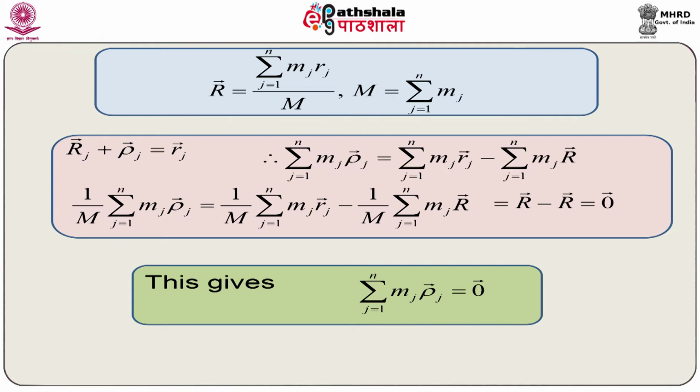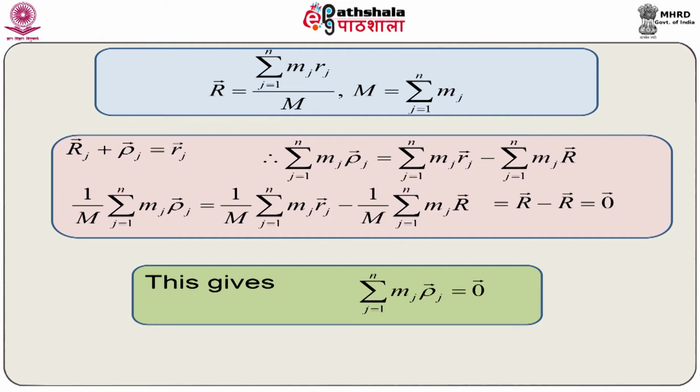Now, using the vector triangle law from the figure, one can find that capital R vector suffix j plus rho vector suffix j equal to small r vector suffix j.